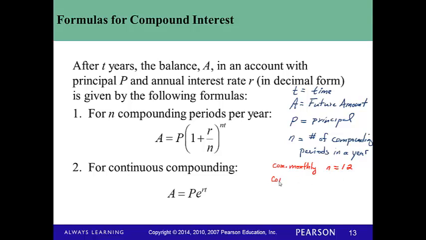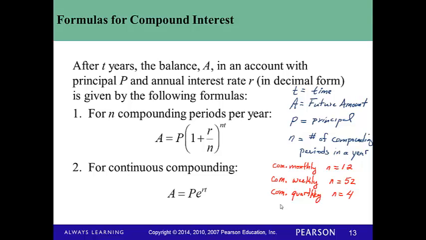And if I told you it was compounded weekly, again, how many weeks are in the year? 52. If I said it was compounded quarterly, if I misspell something, you know, not my fault, you'll figure it out. n is equal to, well, how many quarters are in a year? And if you don't know, think about how many quarters are in a dollar.